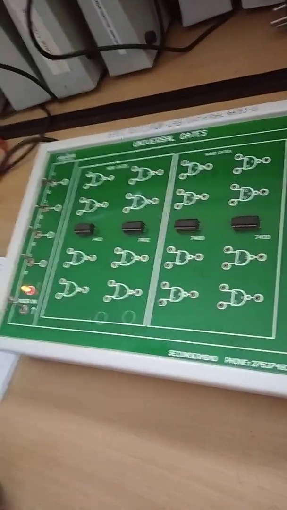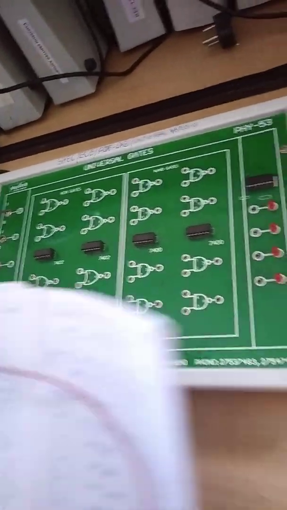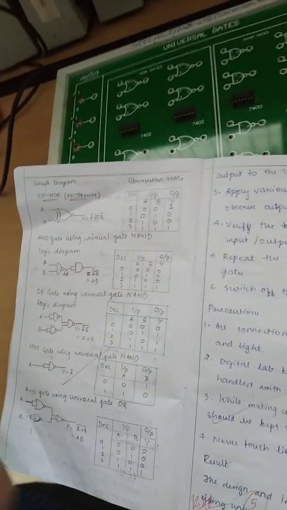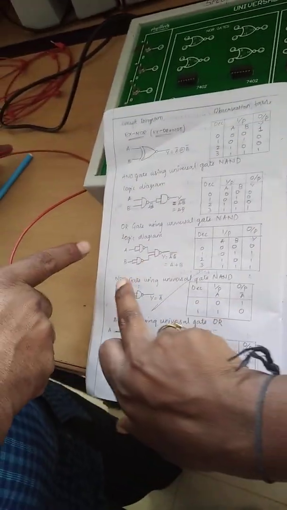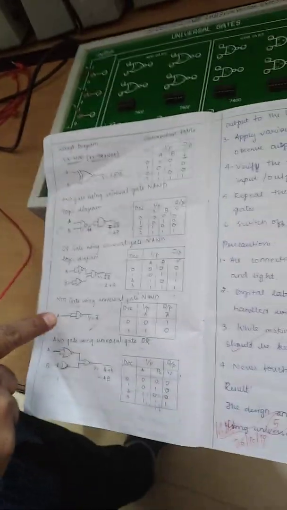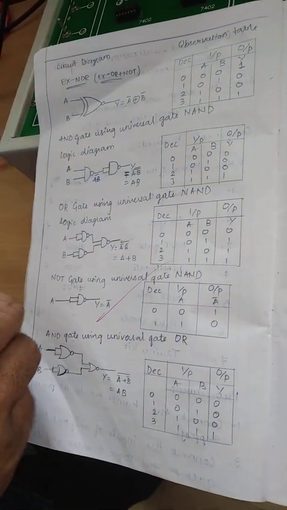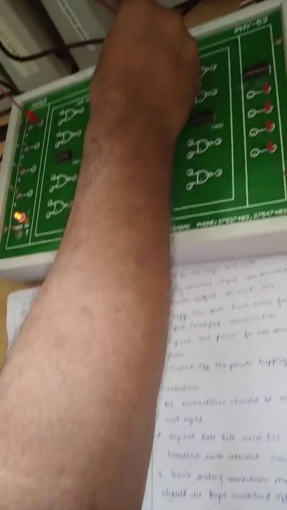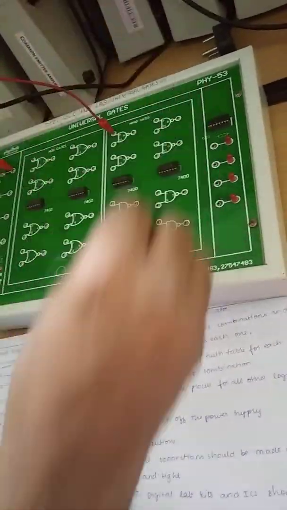Here, the first experiment: the NOT gate using the universal gates. This is the one input, connected to the gate.